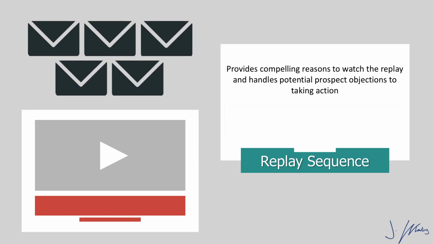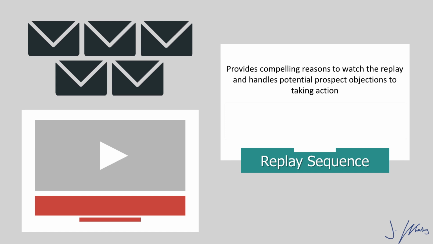But this is just a 3 to 5 email sequence, going through some objections that your prospects may have and reiterating some key points of your training on the webinar, as well as the benefits of your product or service that you're offering.